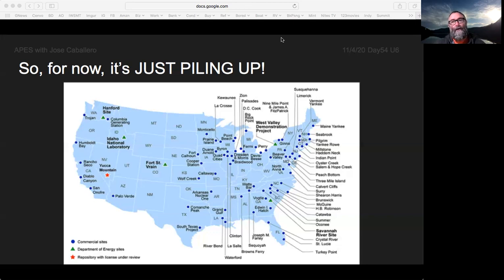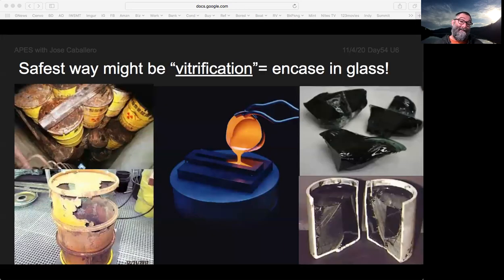It looks like our safest plan for radioactive waste is to turn it into glass. That's called vitrification, where instead of storing all this stuff in water in barrels, or in these big pools, you mix it with sand and make it into glass, because at least that's really stable for a long, long time. So some amount of waste, we're thinking about making it into glass, but it takes a ton of energy to do that.